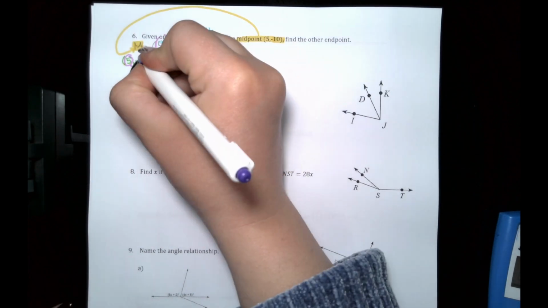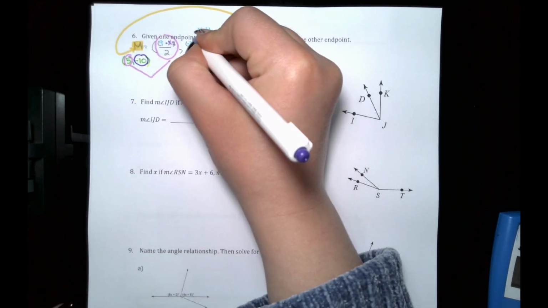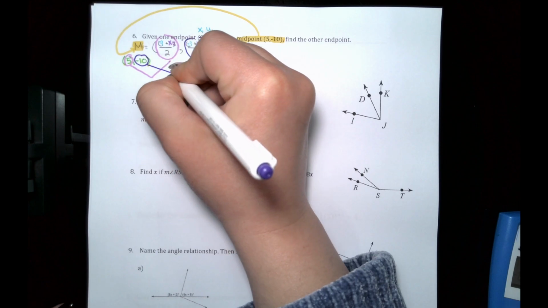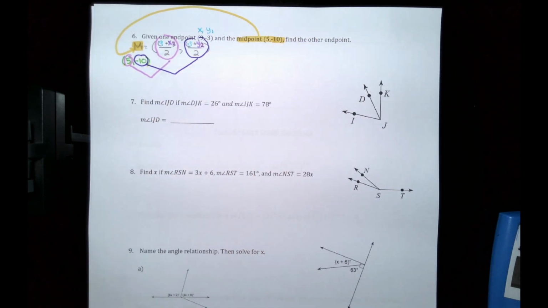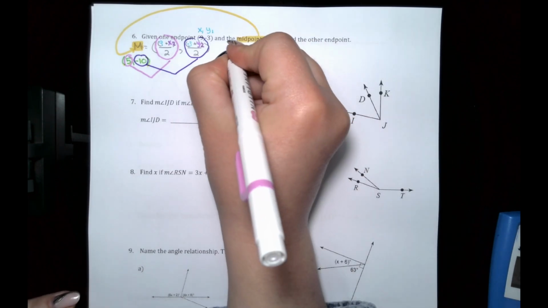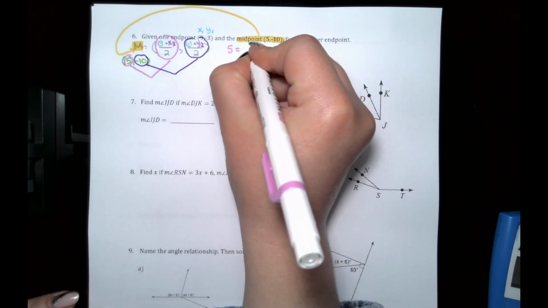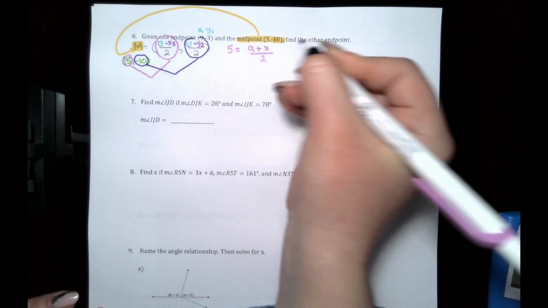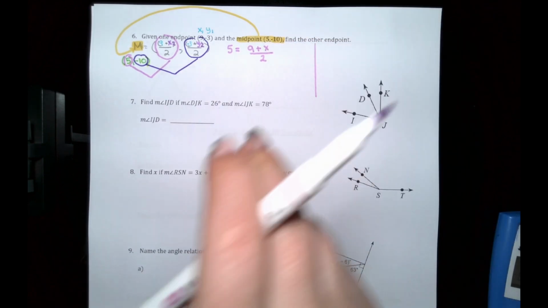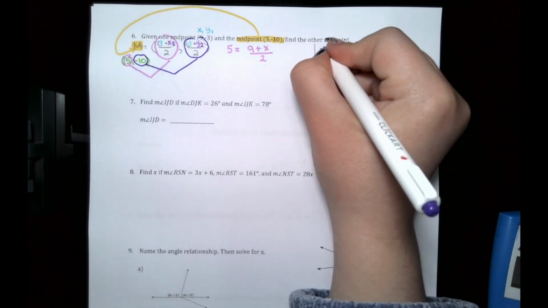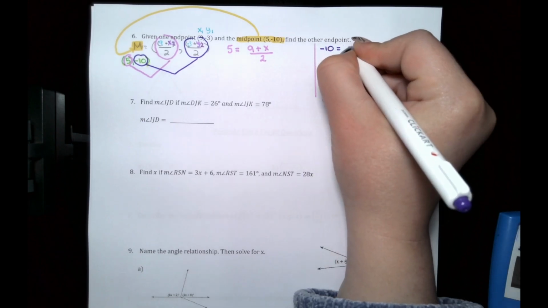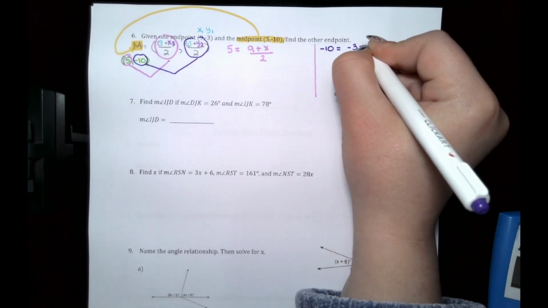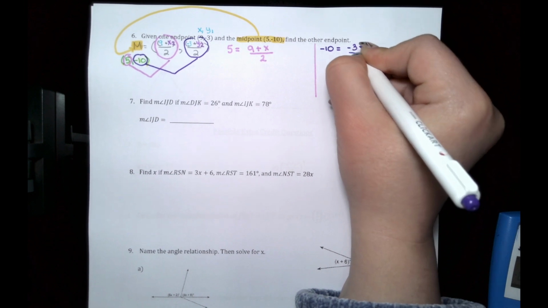Next, you're going to take the second fraction and the second number, the y value, and set that as an equation. So for the first one, we are going to have 5 is equal to 9 plus x divided by 2. I'm going to separate this. And for the second one, we have negative 10 is equal to negative 3 plus y divided by 2.